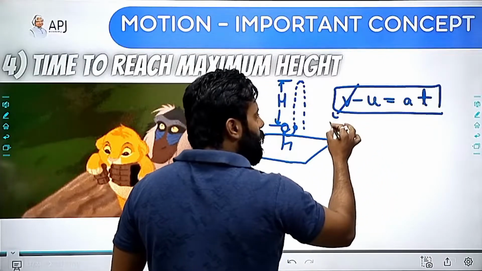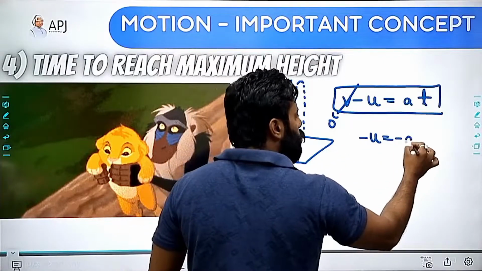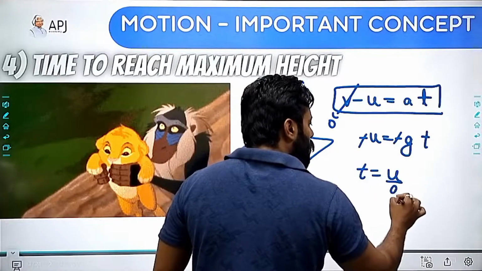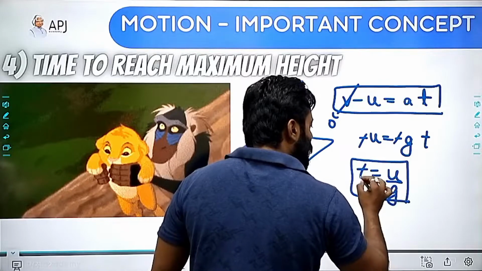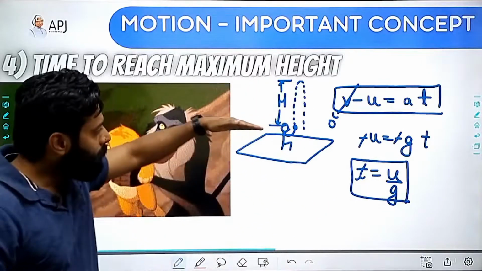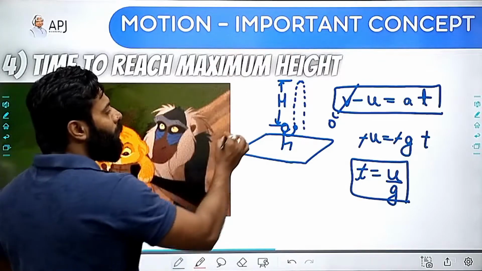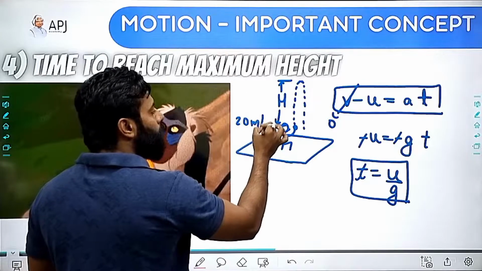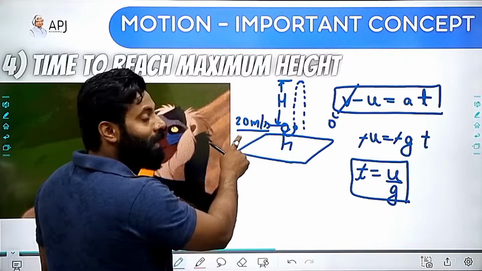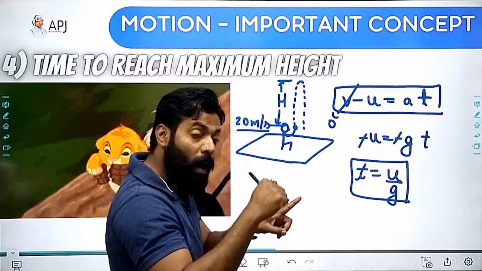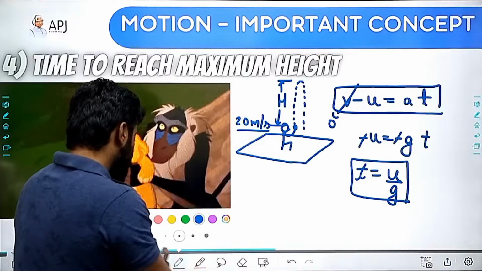If I place v as 0, minus u is equal to minus gt, then I get that the time of ascending, the time to reach that height, is u by g. Imagine that you are throwing a ball with 20 meter per second. Then how much time will it take to go up? Tell me please.